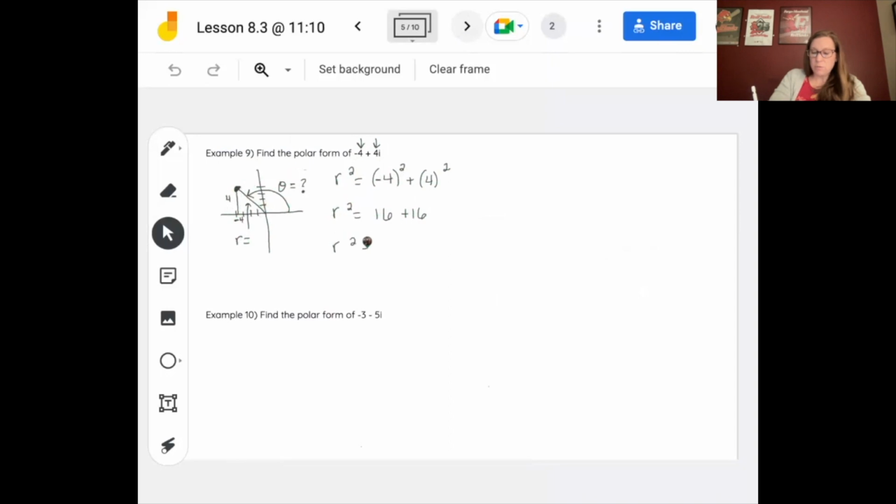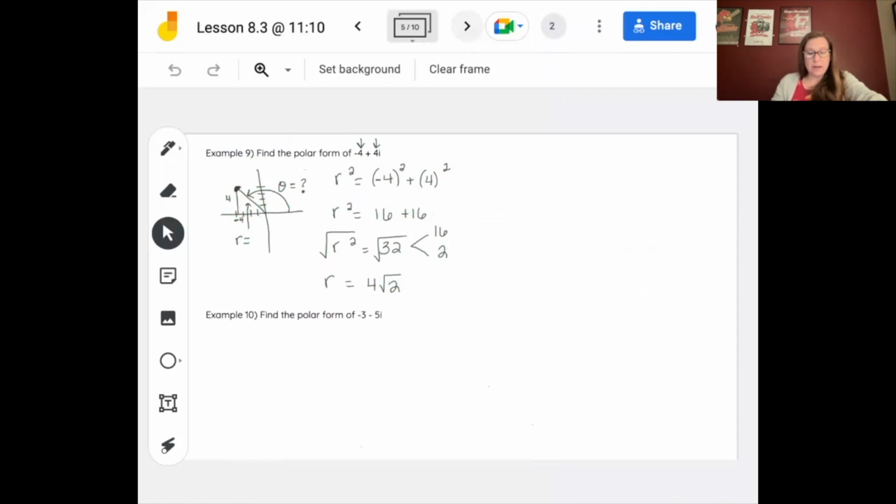And radius squared, of course, is 32. We can take the square root of both sides. When I take the square root, I do want to try to simplify my radical if possible. I know that 32 is 16 times 2. I can take the square root of 16, which is 4. So 4 square root 2. All right, so now we've got the radius.